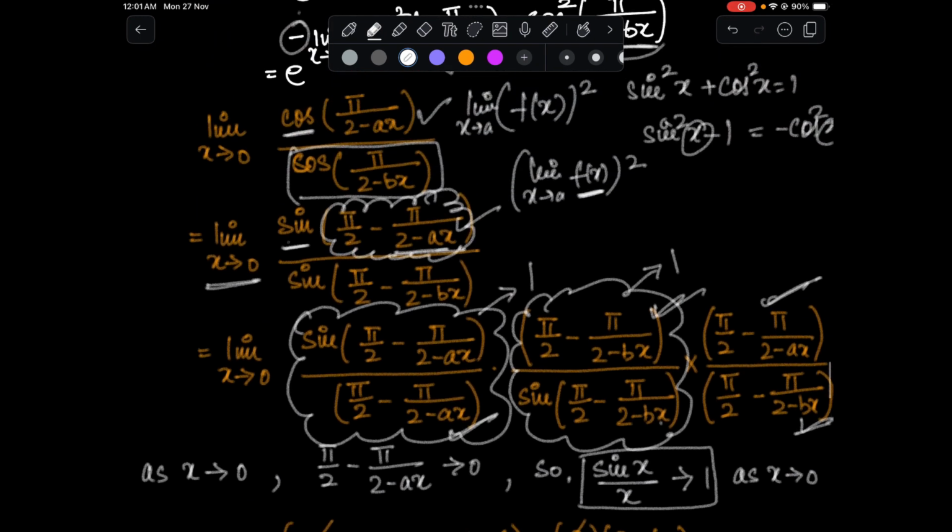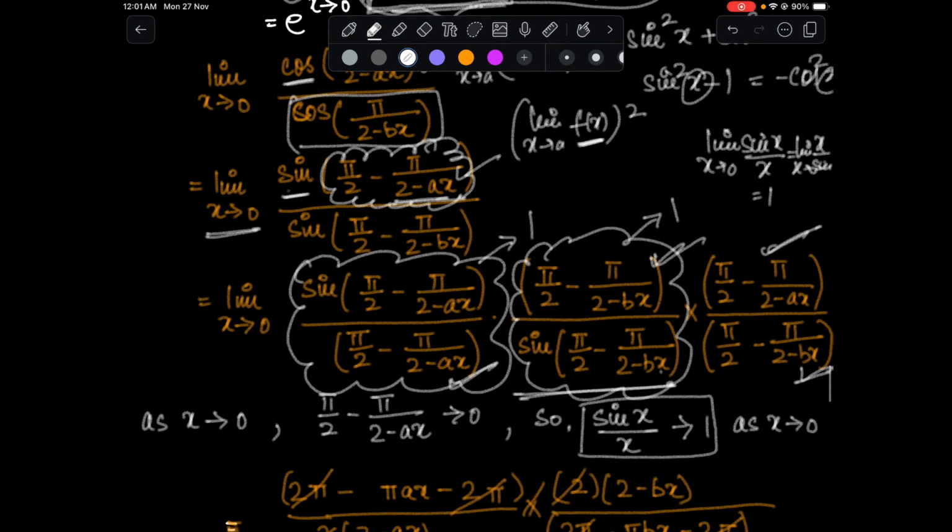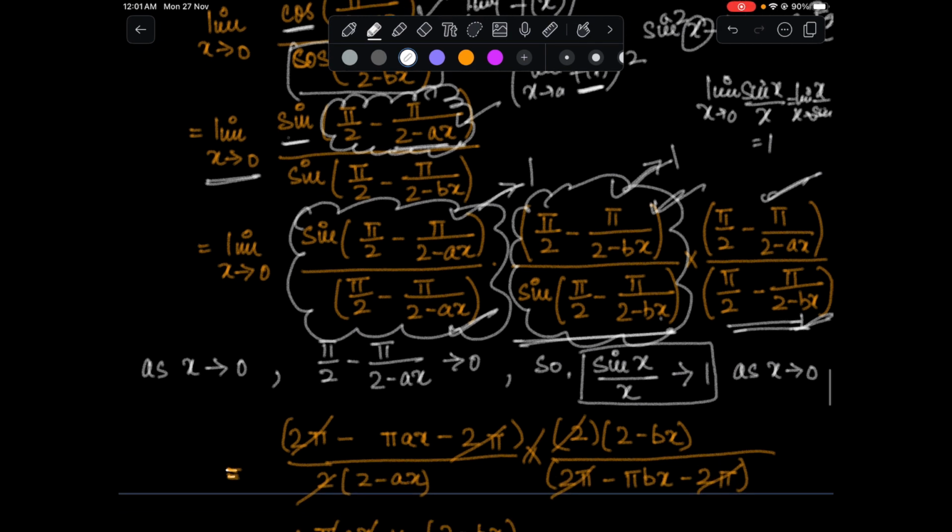Let me tell you that limit x tends to 0 of sine x by x is the same as limit x tends to 0 of x by sine x, and that's 1. So this second thing is also giving you 1. So when you apply the limit now, the first thing will give you 1, the second thing will also give you 1. Now the last thing is what you need to deal with.